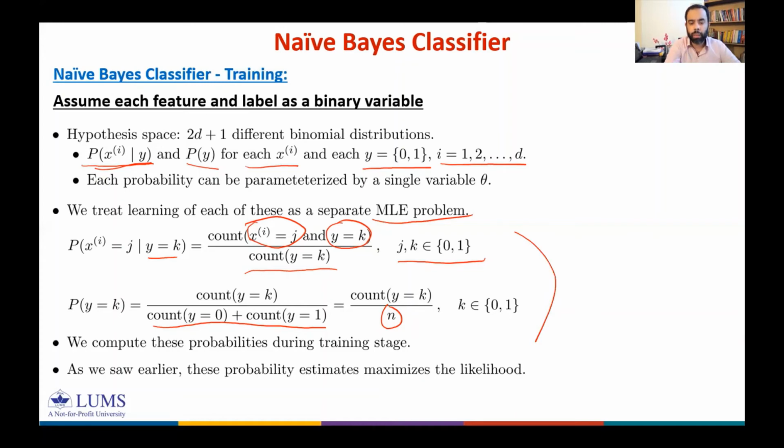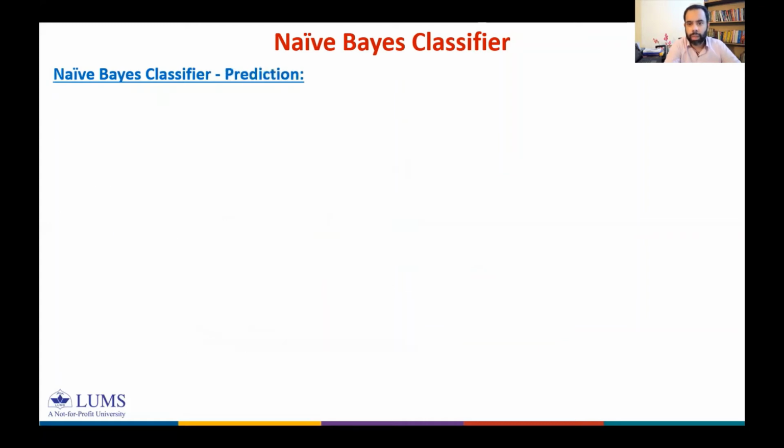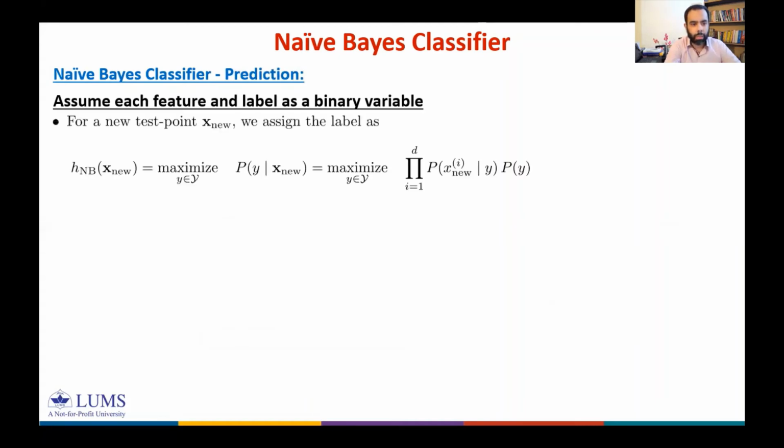Once we have a trained naive Bayes classifier, we can use it for prediction. Let's see how we can use it. We can simply employ the same MAP rule to develop a naive Bayes classifier. For any new test point x new, we compute the posterior probability, which is a product of likelihood and prior probability.